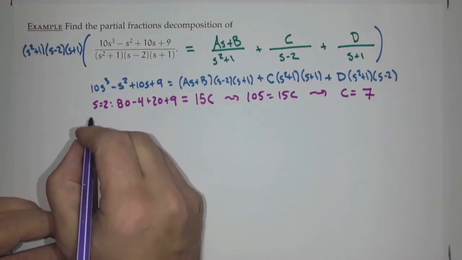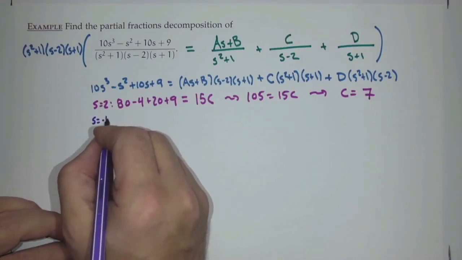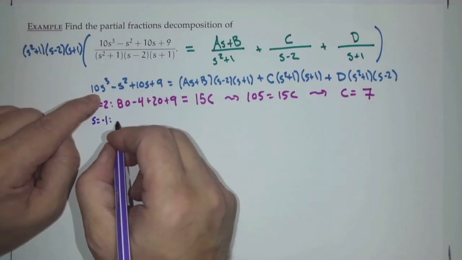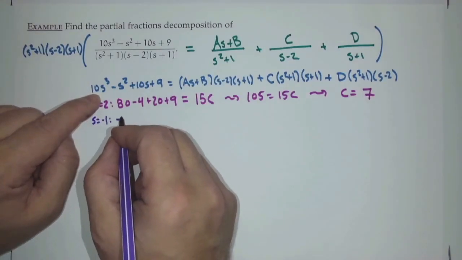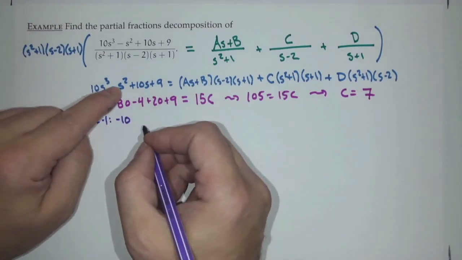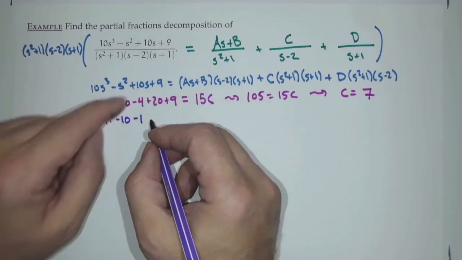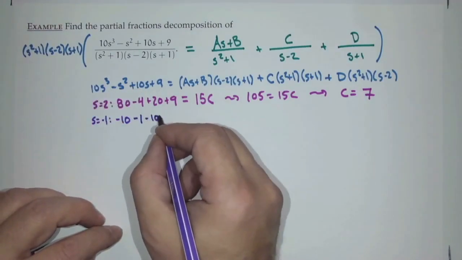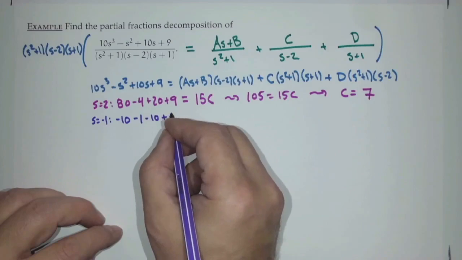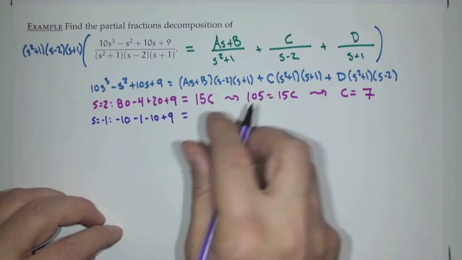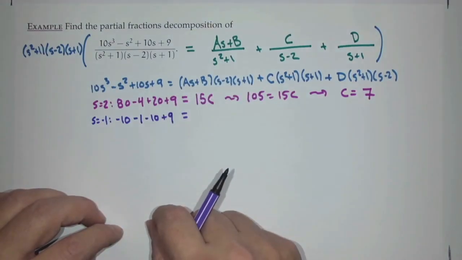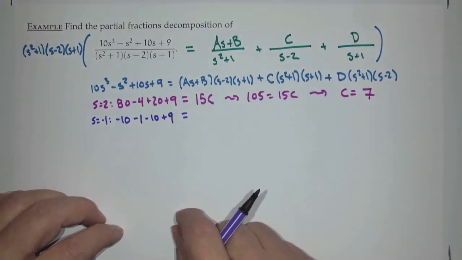-1? All right, let's make that choice. Okay. -1 cubed. Yeah. So it'll be -10. -1 squared. And -1. 10 times -1 is -10. Oh, very negative here. And plus 9. All right, the first term will go to, second term will go to 0.